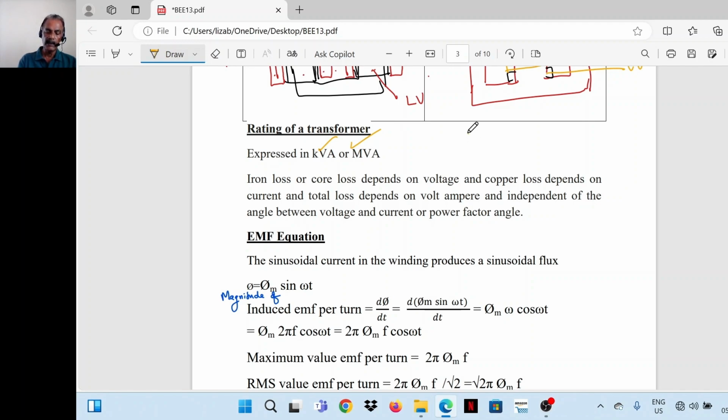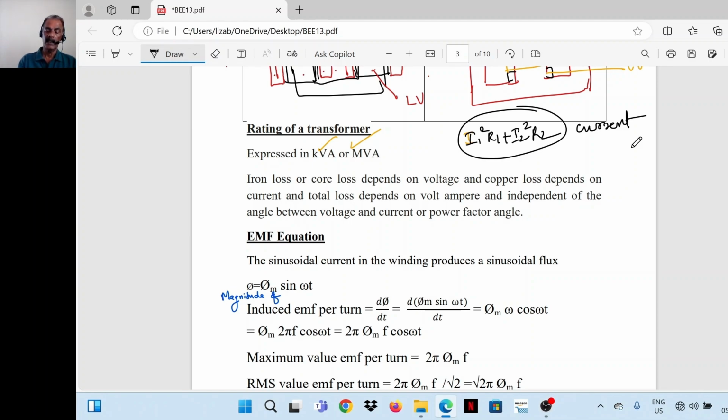Copper loss depends on current. We have seen an equation for copper loss: I1 square R1 plus I2 square R2. So copper loss depends on current, and core loss depends on voltage. Normally transformers are operated at the rated voltage, so core loss is constant.